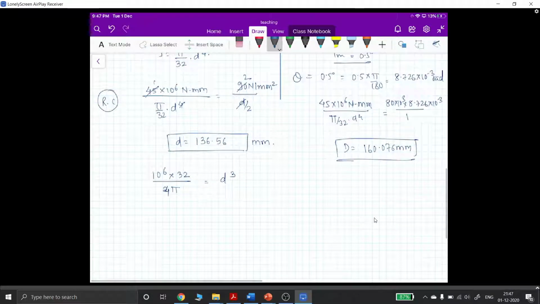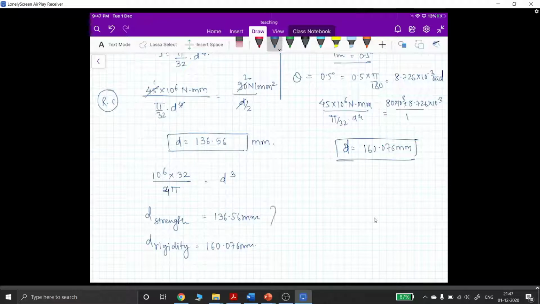So this will be smaller. The diameter by strength criteria is 136.56 mm. The diameter by rigidity criteria will be 160.076 mm. Is it okay?